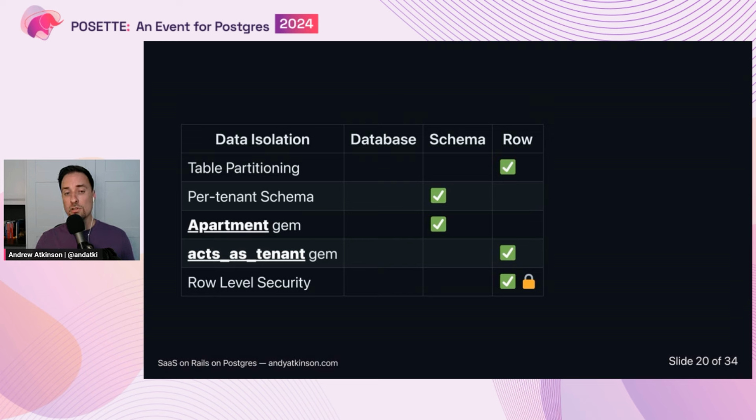We've looked at per tenant schema designs where we'd create a schema for each company that we add to our platform. And then we looked at two Ruby gems, the apartment gem, which adds that schema isolation, and the acts_as_tenant gem, which adds that row level support. And then we looked at row level security in Postgres, which allows us to add a security layer on top of row tenant data.